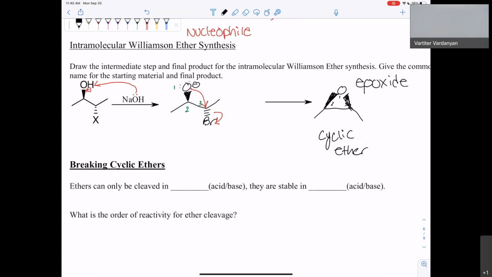So an epoxide is specifically a three-membered cyclic ether. So this is where I always have to kind of shove this in your brain. An epoxide is always an ether, right? But an ether is not necessarily an epoxide. Epoxides are just a very, very, very specific kind of ether.